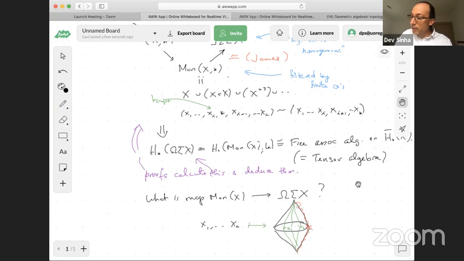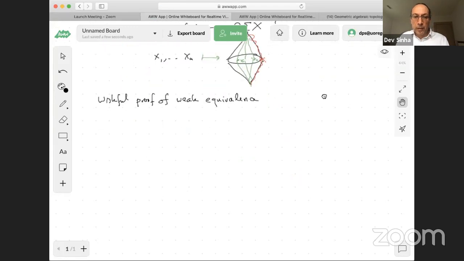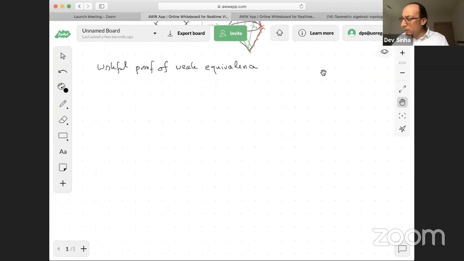And the wishful proof, you'd only expect to get that this is a weak equivalence, but that actually gives the full result because any mapping space between CW complexes has the homotopy type of a CW complex. I forget whether that was Milnor or James or someone else.